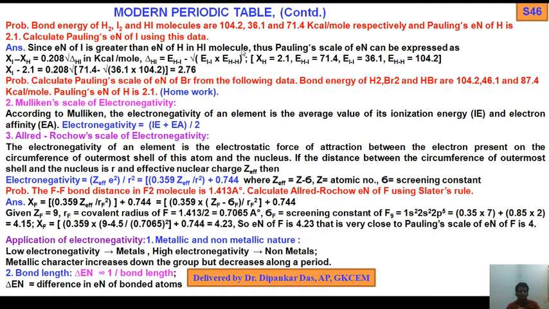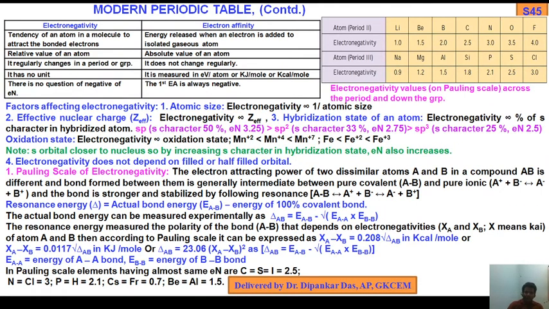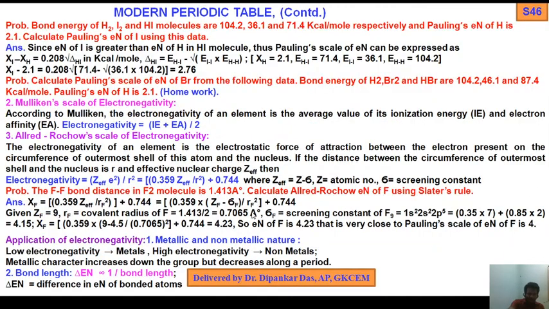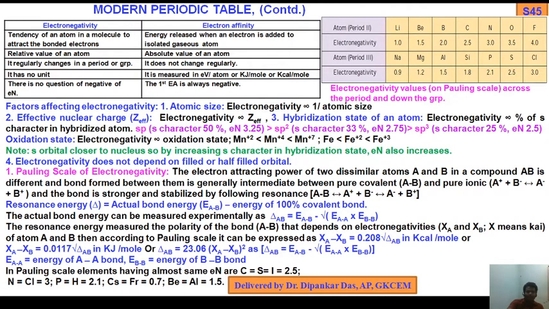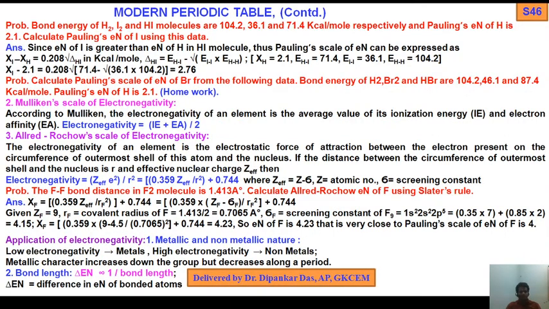Again, you read the problem. If you look at the Pauling scale, AB means here HI, H2 means A, and I2 means BB. So that's a very simple problem.